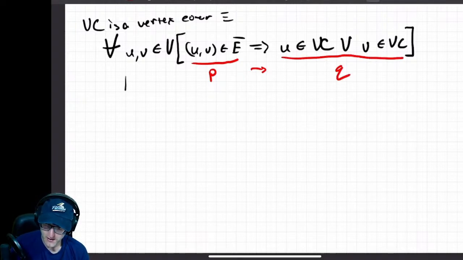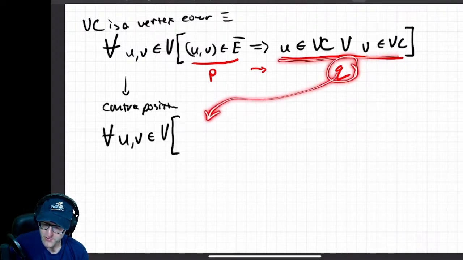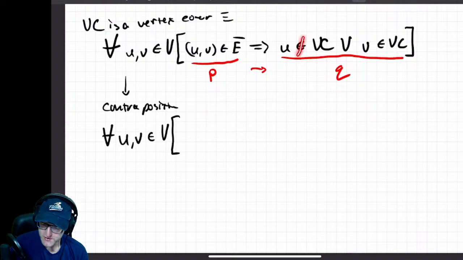So let's go ahead and state the contrapositive and understand what it means. For all u and v, the contrapositive does not change the quantified statement, but I will take Q and put it down here, but I will negate it immediately. So this gets negated, this gets negated. What happens to disjunctions when they get negated?